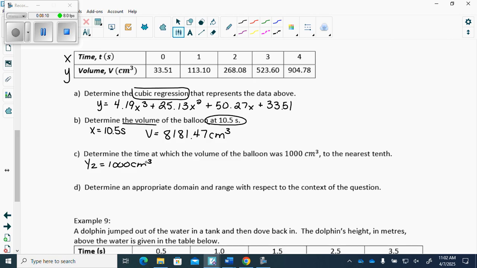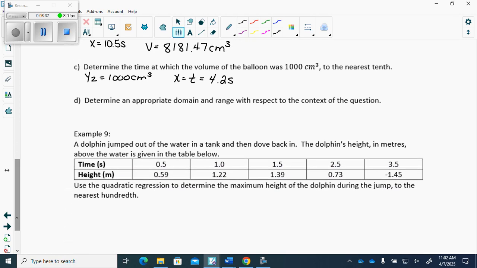And I get x equals t, I guess, equals 4.20 seconds. And then I would write a sentence. The time at which the volume of the balloon was 1,000 centimeters cubed is 4.2. It says nearest tenth. Take that 0 off because that is wrong. 4.2 seconds.